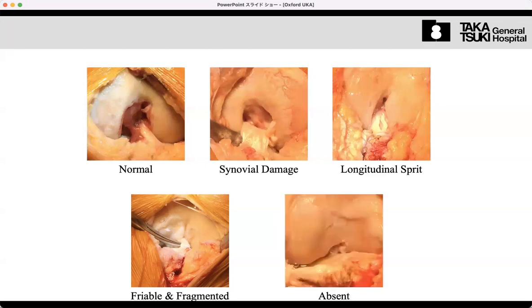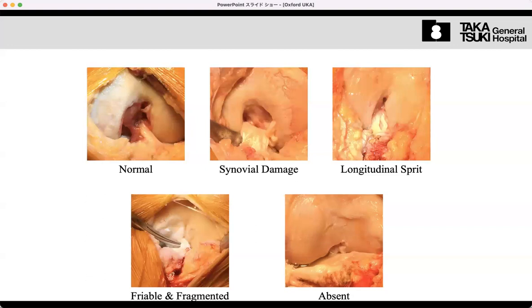And the last one, absent. Sometimes it is very difficult to identify the longitudinal split and fragmented. So carefully looking, hooking, and applying stress is very important.